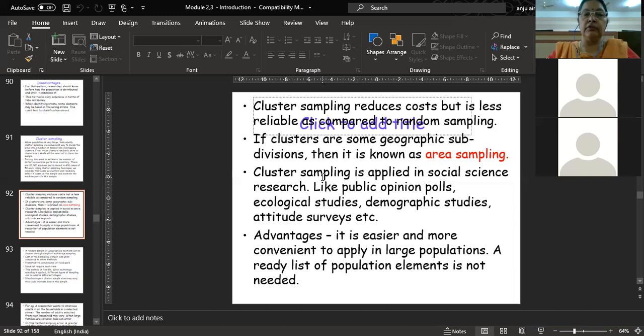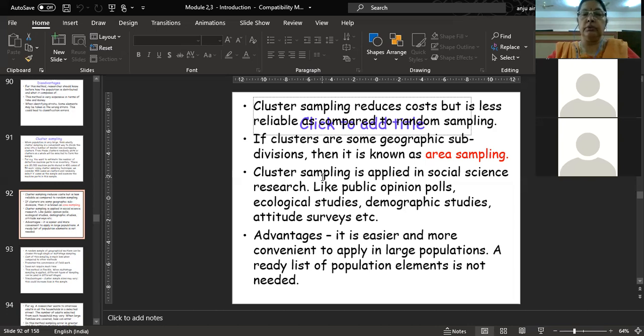This kind of cluster sampling technique can also be used in social sciences, when you want to do a study to find out public opinion on a certain situation, on a certain event.